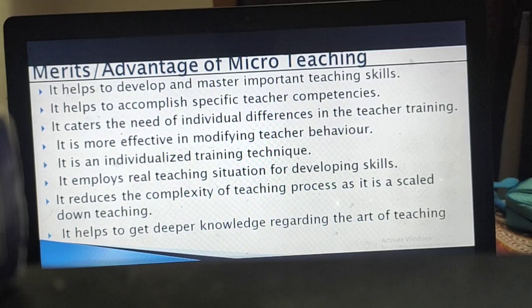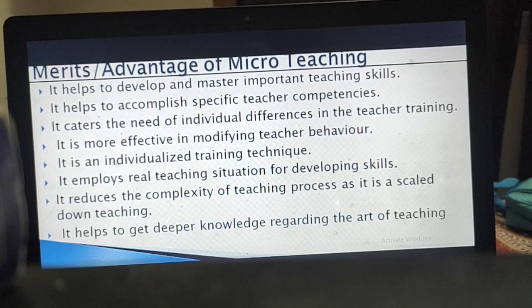Number 2, it helps the teacher develop specific teaching competencies. Number 3, it addresses individual differences in teacher training. It's more effective in modifying teacher behavior. Through the teaching skill, the teacher can change their behavior. It is an individualized training technique.